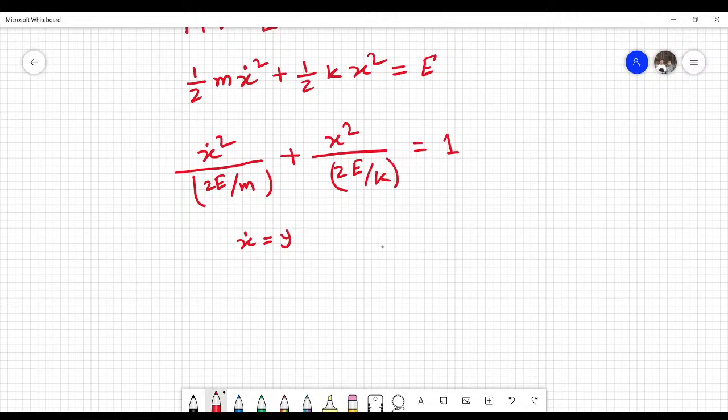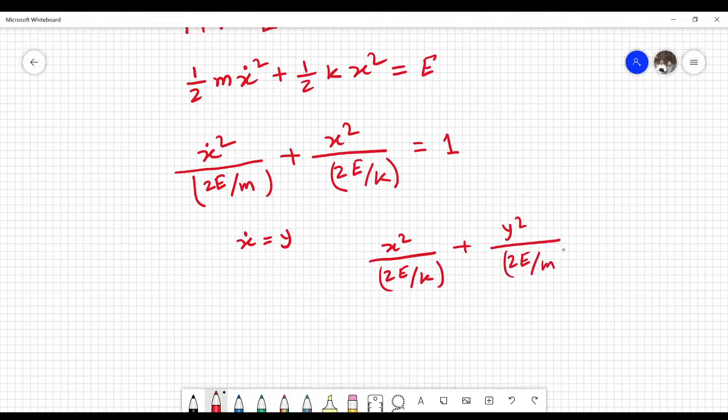So we can write it as x squared divided by 2E by k plus y squared divided by 2E by m equals 1. From our algebra courses, we know that this is an equation of an ellipse.